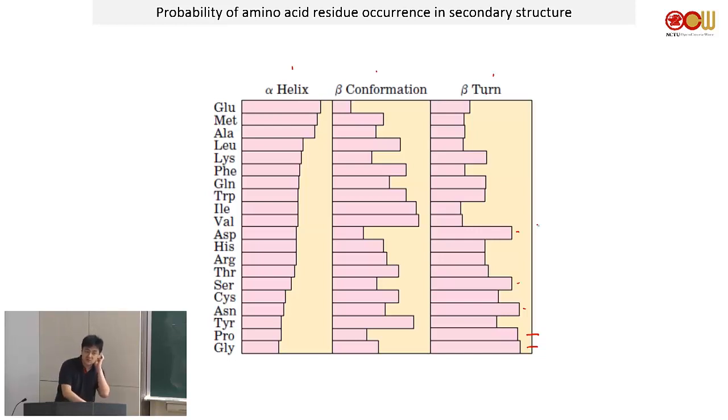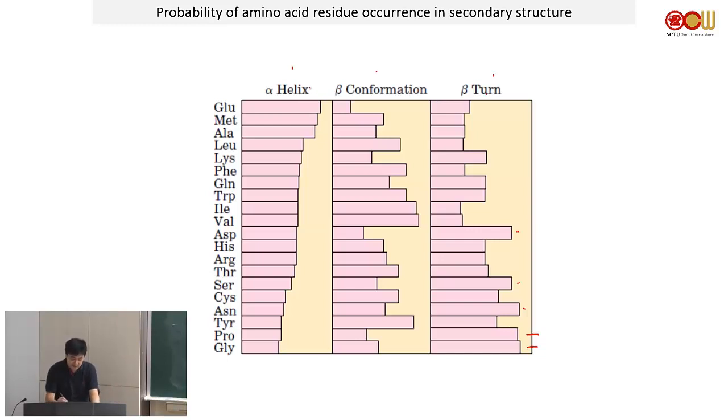If it's open to touching the solvent, then it's not going to be hydrophobic, because hydrophobic residues like to clump together. So for turns, it's mostly hydrophilic, and then mostly proline and glycine.